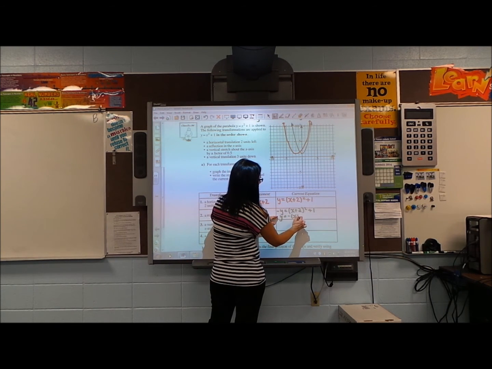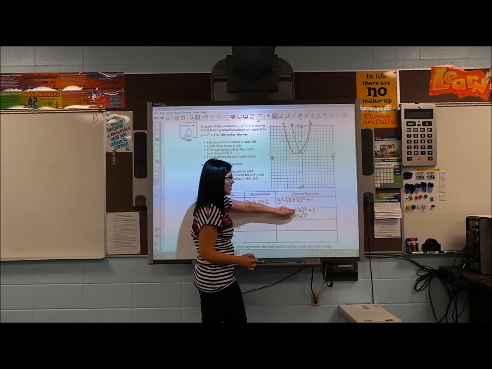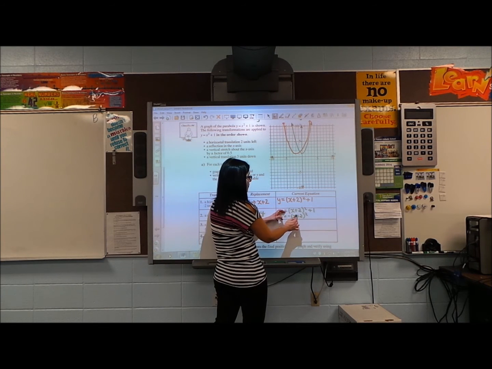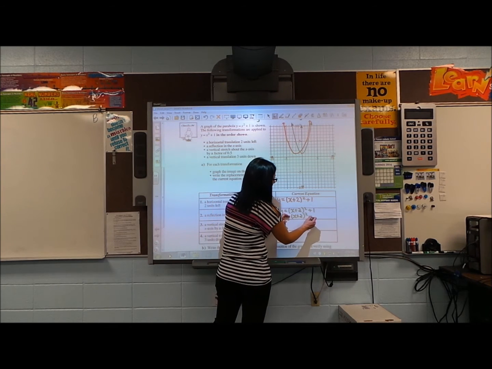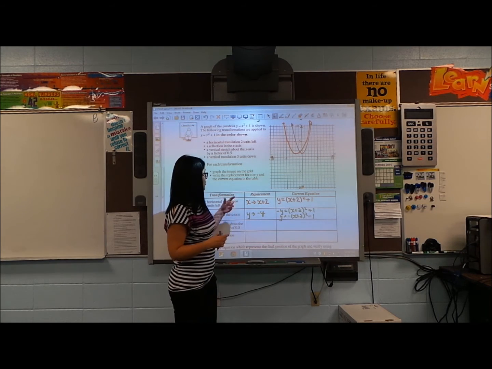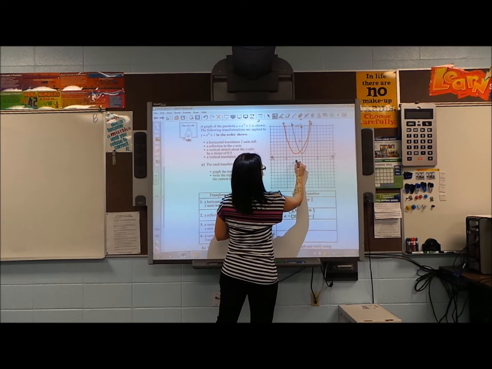The first term becomes negative, because it's multiplying this whole thing by a negative. So if I think of the distributive property, negative goes to this term, and negative goes to the positive 1. So it becomes -1. So reflection in the x-axis means I reflect it over this way.